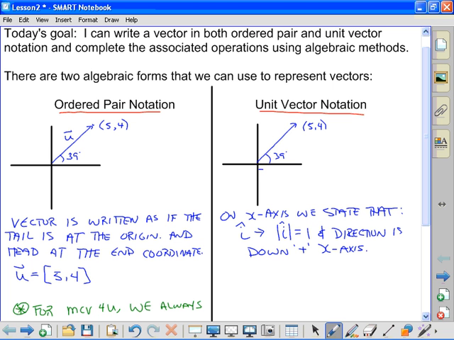So I'm going to tell you that this direction here, my unit vector i, points that direction.